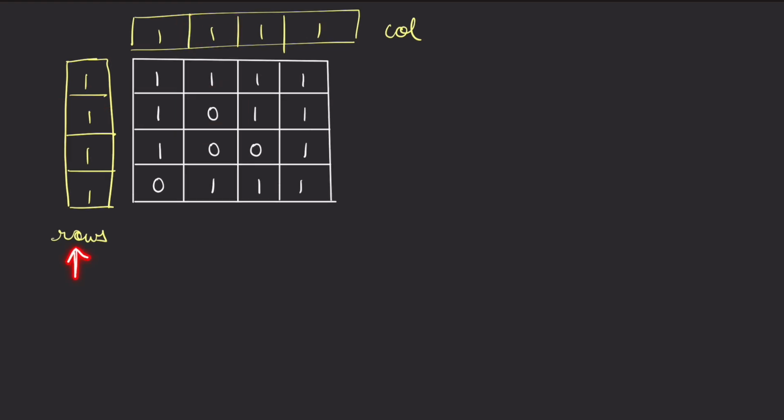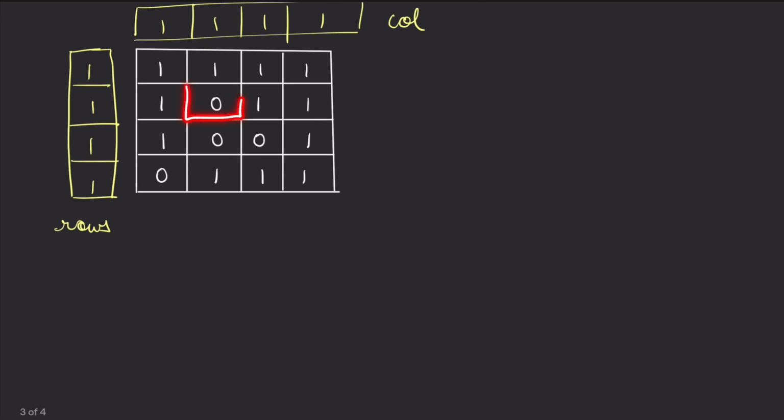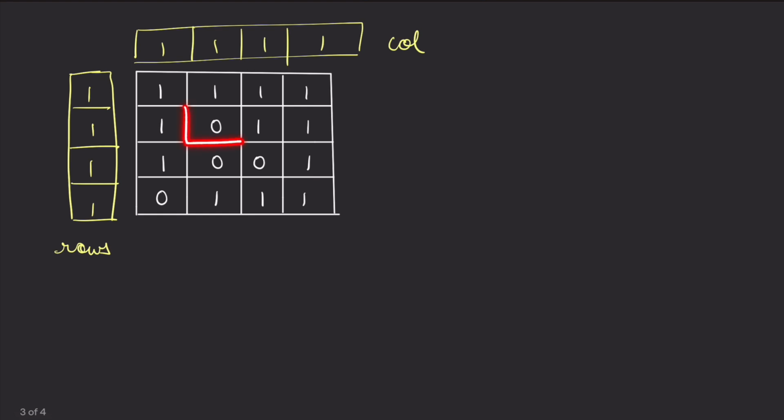When you have marked all the rows and columns for all the zeros, you can traverse the matrix again, and for any particular cell, if either its column or its row is marked as 0, then this particular cell should also be marked as 0, right?